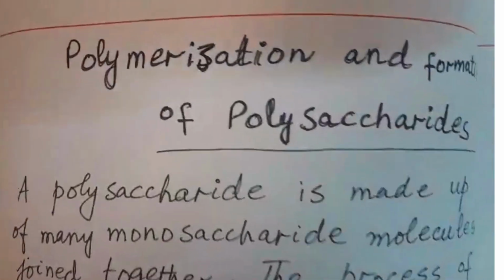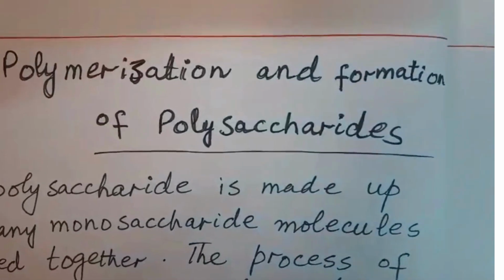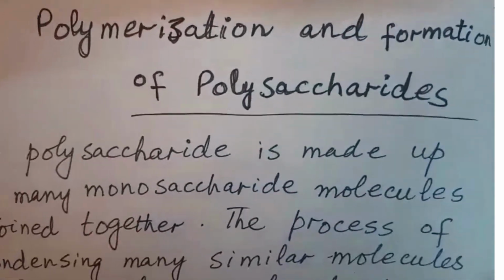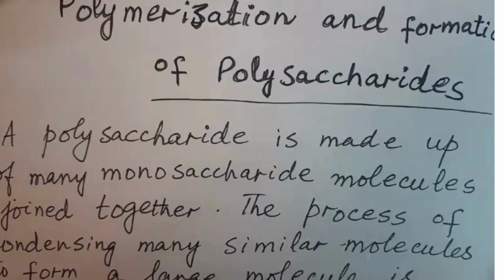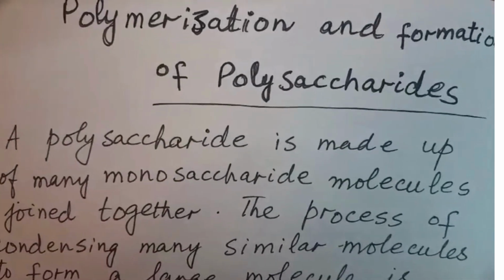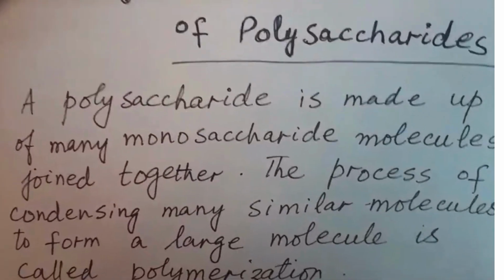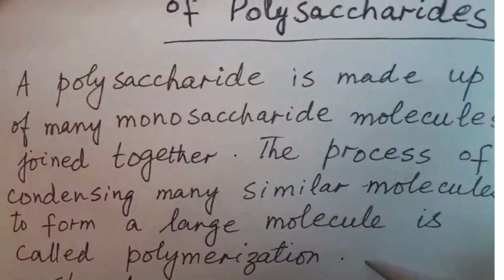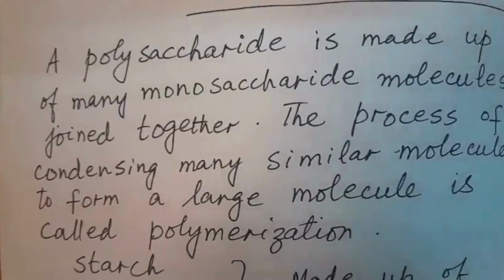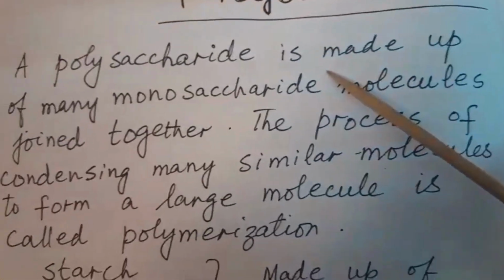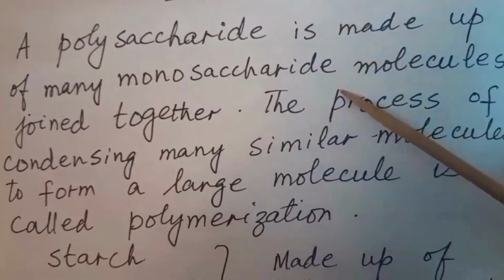Now we discuss polymerization and the formation of polysaccharides. Polysaccharides are bigger molecules or macromolecules. How are they made? A polysaccharide is made of many monosaccharide molecules joined together.